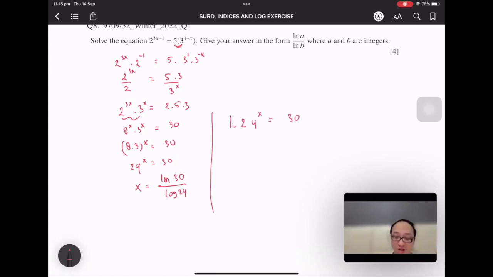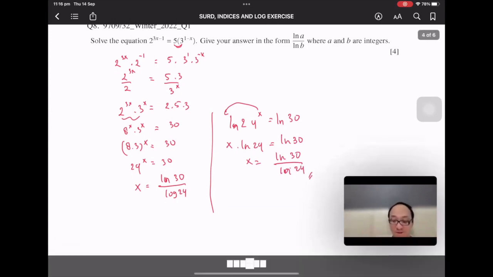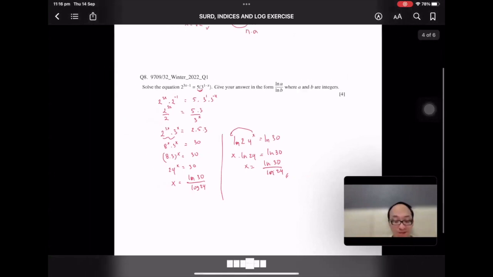So I put ln on both sides. And then using the rule, the power can move to the front. So it's x ln 24 equals ln 30. So x is ln 30 over ln 24. Okay, that's number 8.